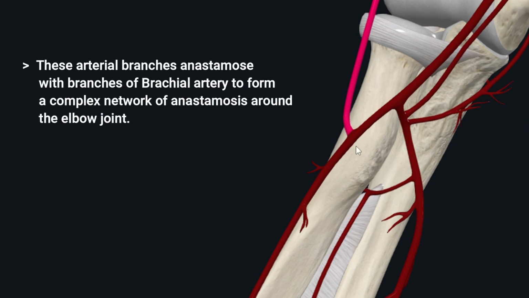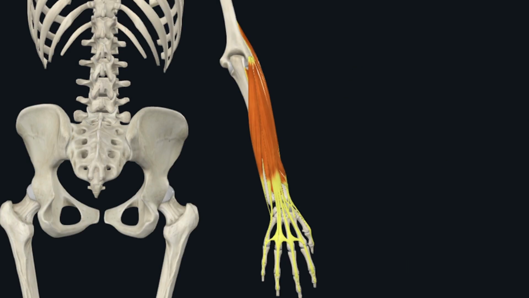And then these arterial branches anastomose above with the branches of the brachial artery to form a complex network of anastomosis around the elbow joint. So with that, our discussion of the posterior compartment of forearm comes to an end.